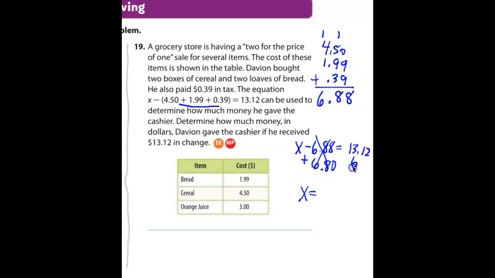And then we just need to line up the decimals again. So if I write $6.88, go ahead and make sure everything's lined up perfectly. And I want you to add that to $13.12. Go ahead and solve that, please. Very good. The answer is that he gave the grocery store cashier a $20 bill. $20 minus $6.88 is equal to $13.12.